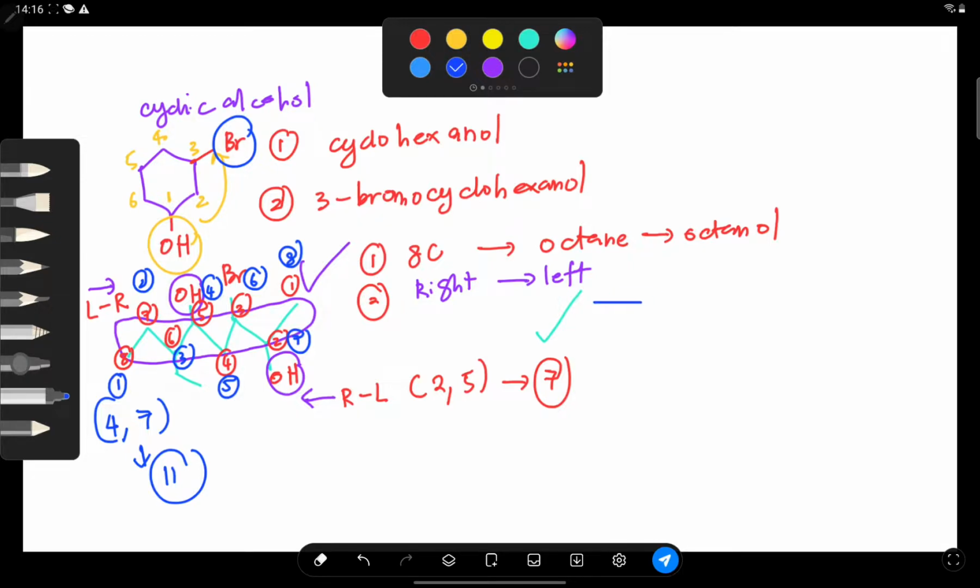So the answer is 3-bromo, dash, and you need to put the location of the hydroxyl groups, 2, 5, octa, diol, because here we observe 2 hydroxyl groups in the structure.